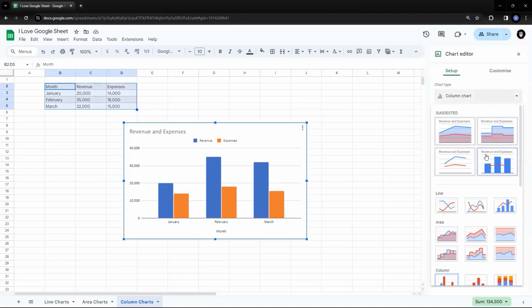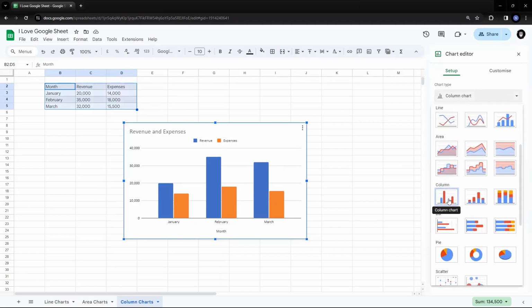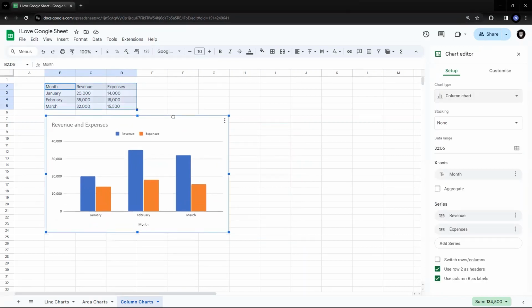Now there are three types of column chart, as I said. First is the normal column chart. Second is the stacked column chart. And third is the 100% stacked column chart. We'll see when we can use this kind of chart.